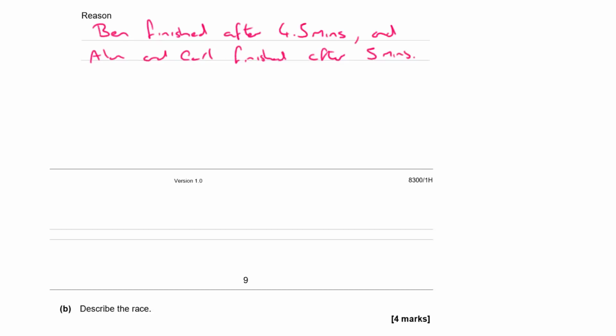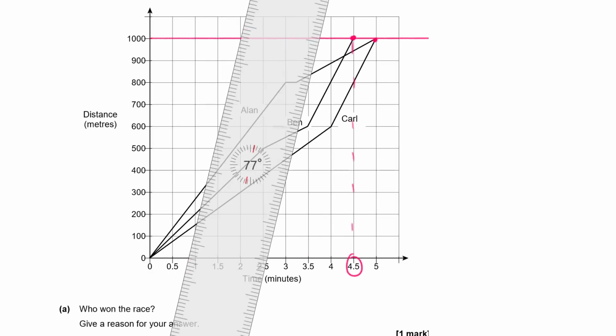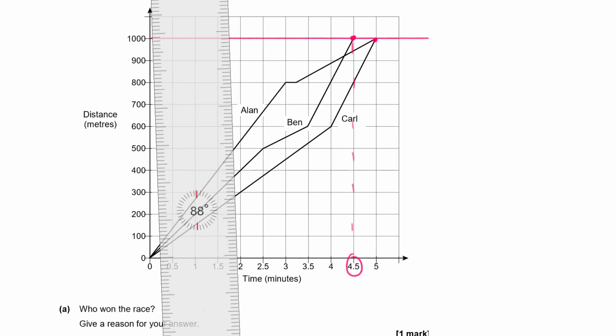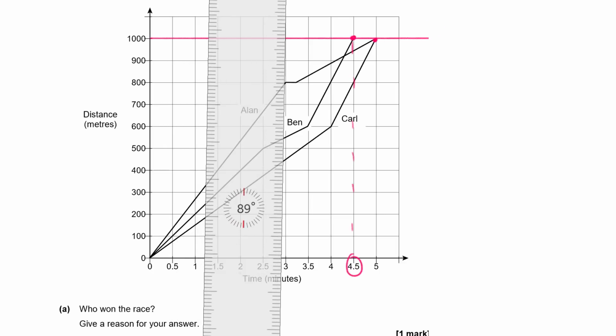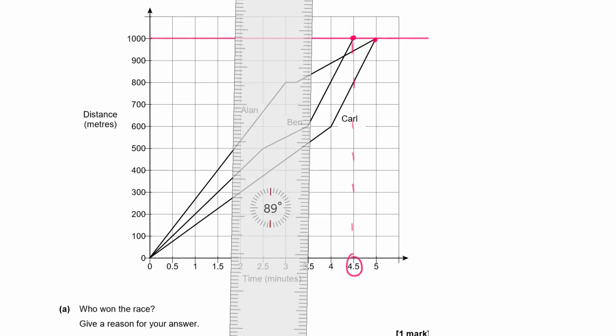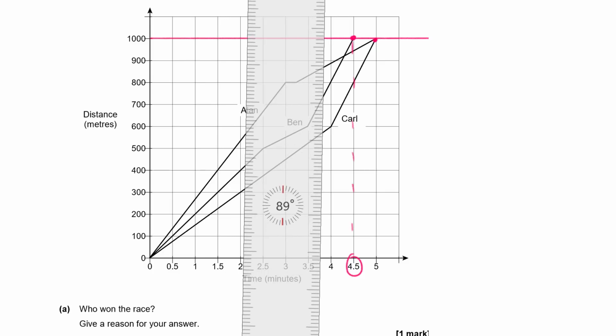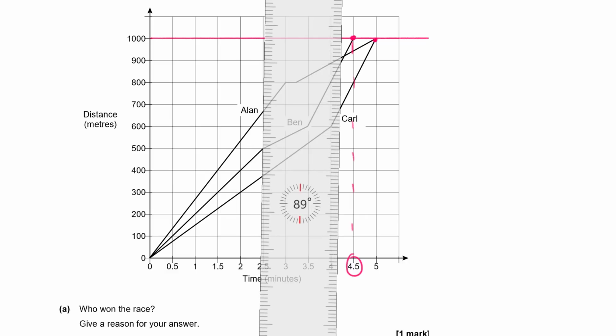Okay, now the next part of the question asks us to describe the race, and it's worth 4 marks, so we need to come up with at least 4 statements about the graph. So we can read this graph from left to right, so you can see that as we start off Alan starts off the fastest, so Alan is in the lead, then Ben is second and Carl is third for the first part of the race.